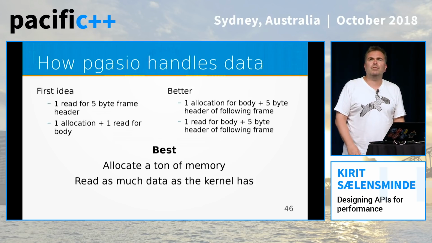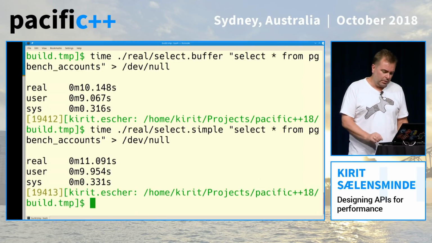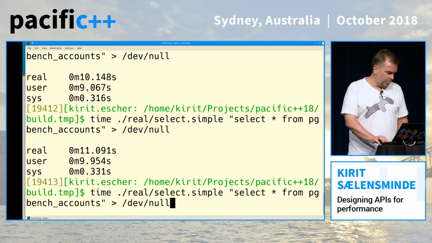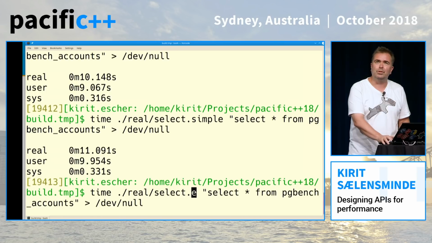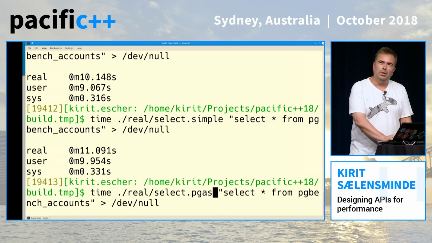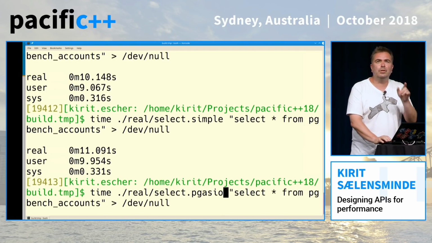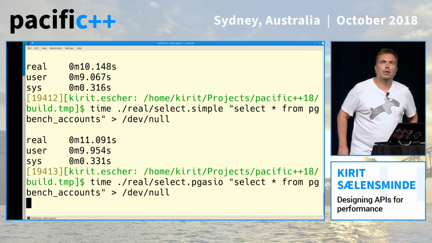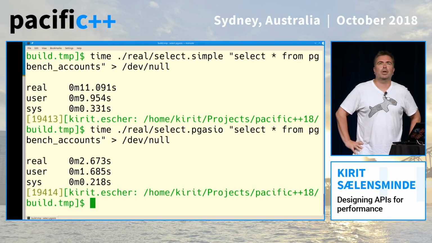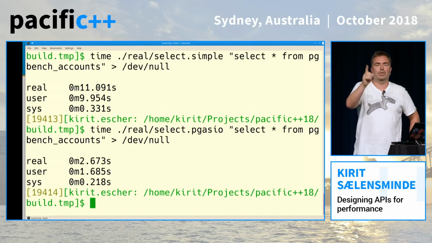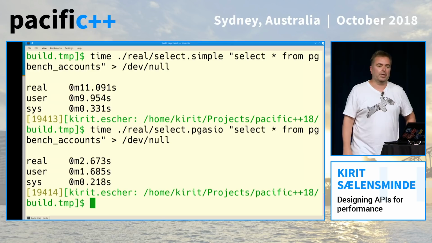So, what's the effect of that? This library that we have is called PG-Asio because it's built on top of Boost Asio. So, this is the PG bench one. Okay, so this is comparable with the line above it, 2.5 seconds. That's not bad.